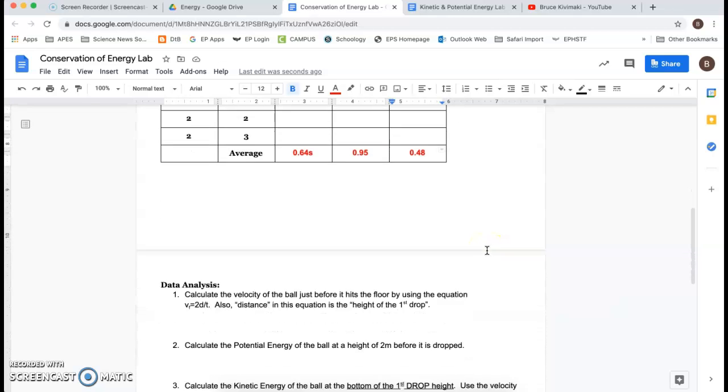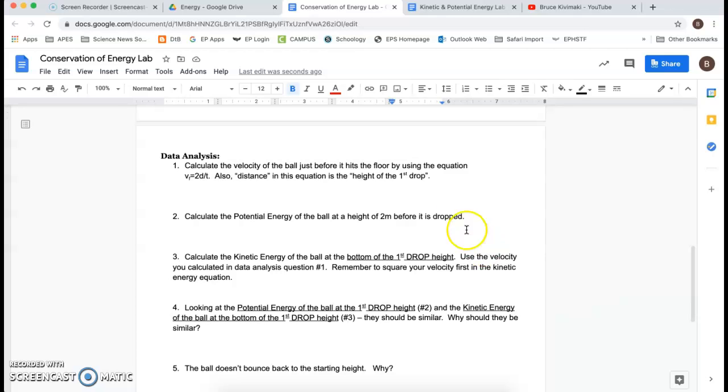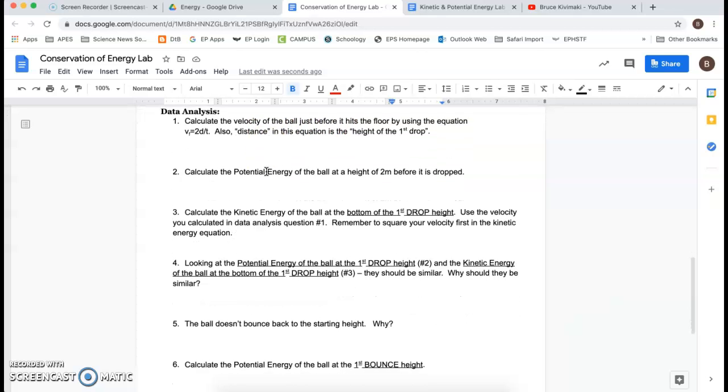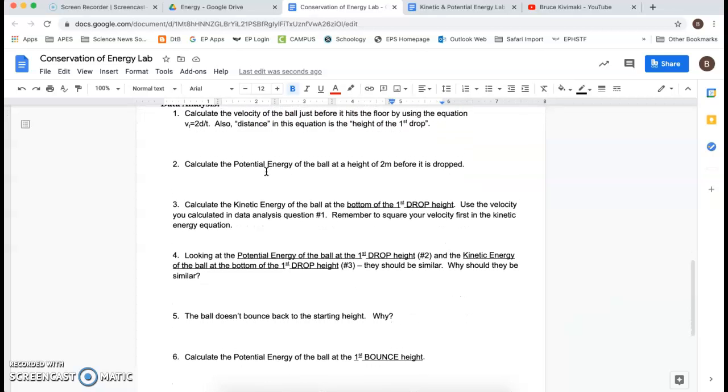Now all you get to do for the rest of the time here is calculate the velocity of the ball. Actually, just do our data analysis questions. The really important questions are going to be questions 2, 3, and 4, because they're going to be looking at the potential energy as I'm holding the ball at 2 meters.